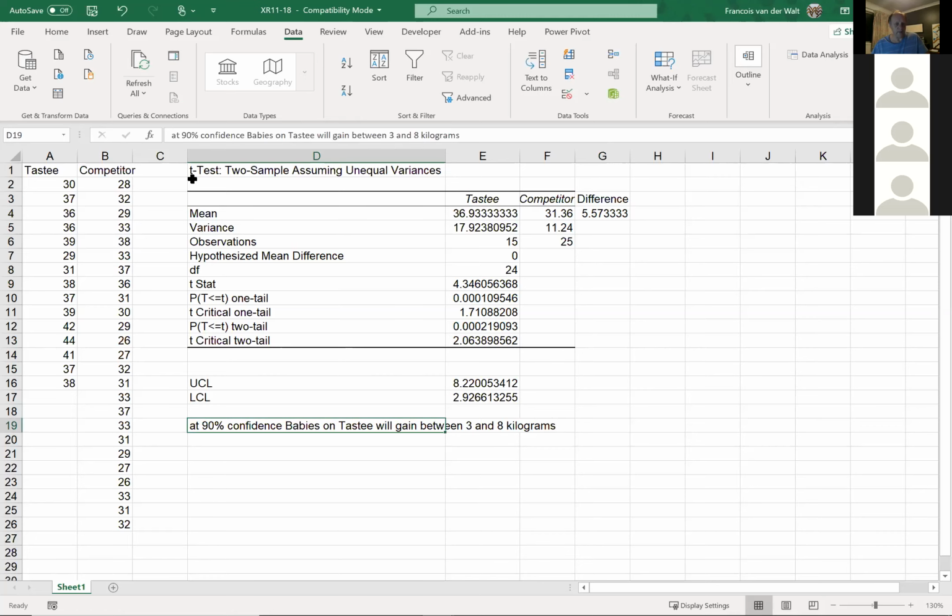Okay, then it asks the question, check that the assumptions are correct. What are the assumptions? The assumptions are that both of these two are normally distributed. So I'm checking the first one, insert pivot table.